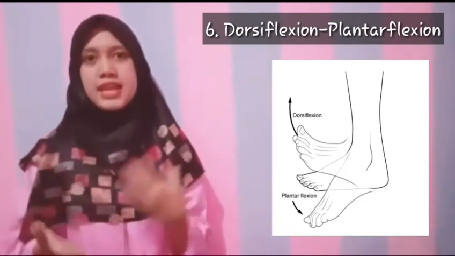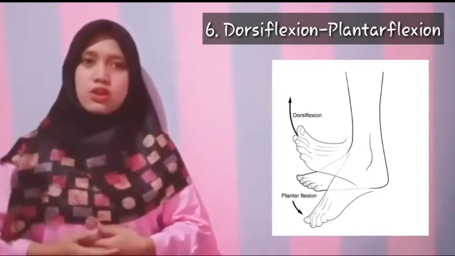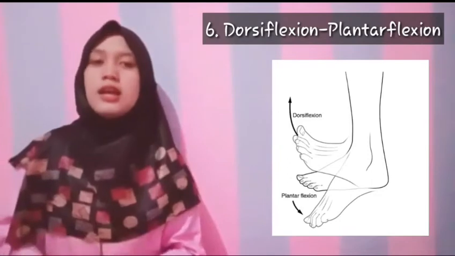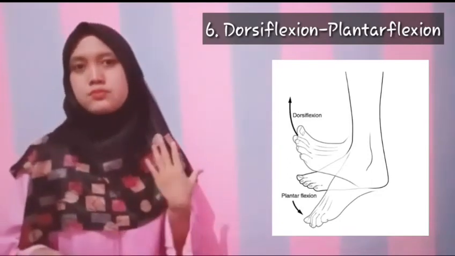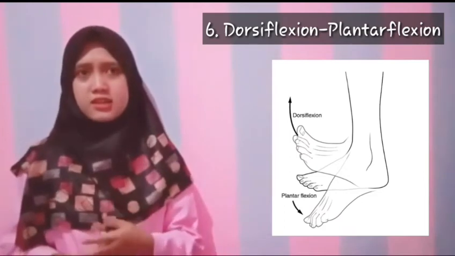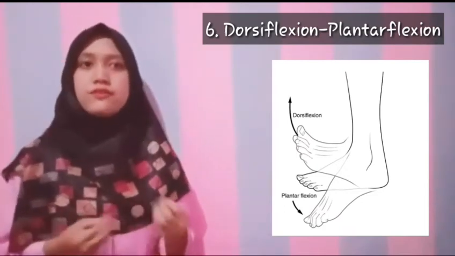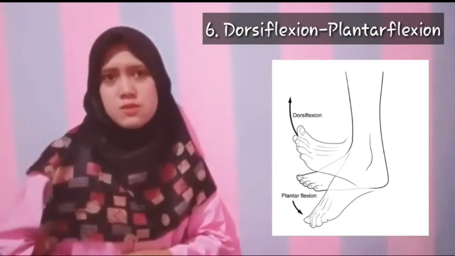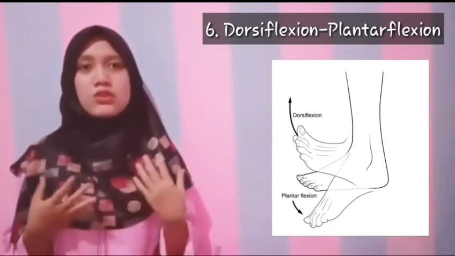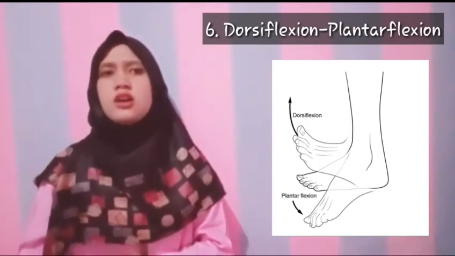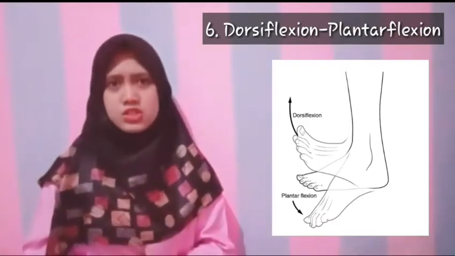Therefore, we can see that dorsiflexion of the wrist is the same as extension. And next, plantar flexion refers to extension at the ankle, so that the foot points inferiorly. Similarly, there is a term for the hand, which is palmar flexion.